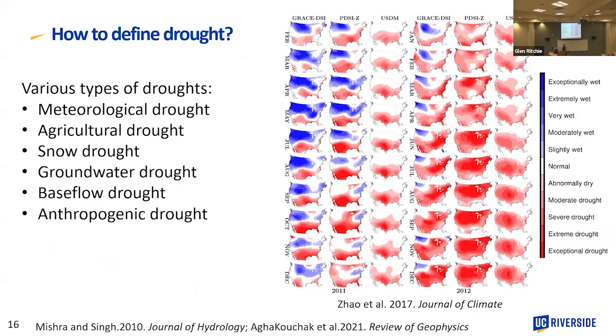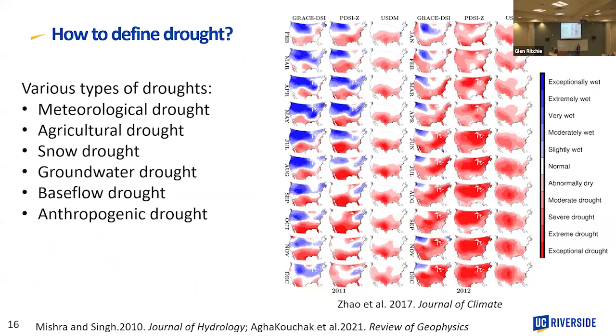But how do we define droughts? If you look at the literature, a number of definitions have been used for droughts: agricultural droughts, meteorological droughts, even anthropogenic droughts, groundwater droughts. And we often use different types of indices to define droughts.